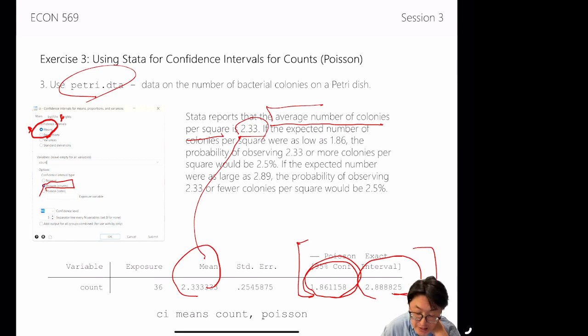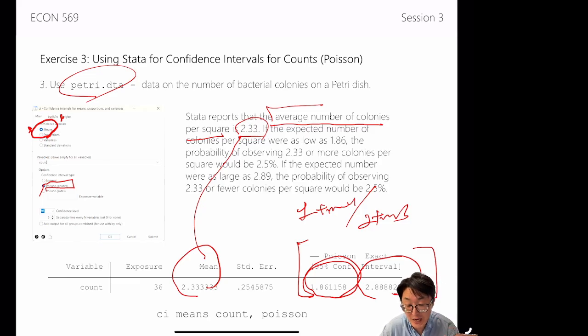So you can see that with 95% confidence, the number of bacterial colonies should be lower than 3. However, definitely higher than 1 time. So you can expect either 1 time or 2 times, but not 3 times, not 0 times, with 95%.